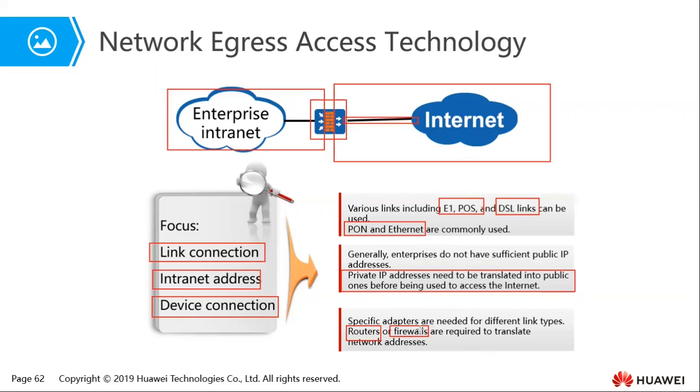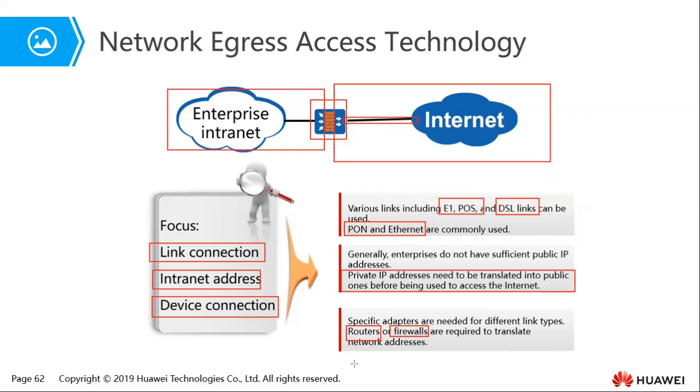And therefore, sometimes routers lack this kind of strong processing capability. Most of the time, at the network egress, we implement a firewall instead of a router, because a firewall can not only do NATing, but it can also protect against security threats, and it can also do routing, just like a normal router.